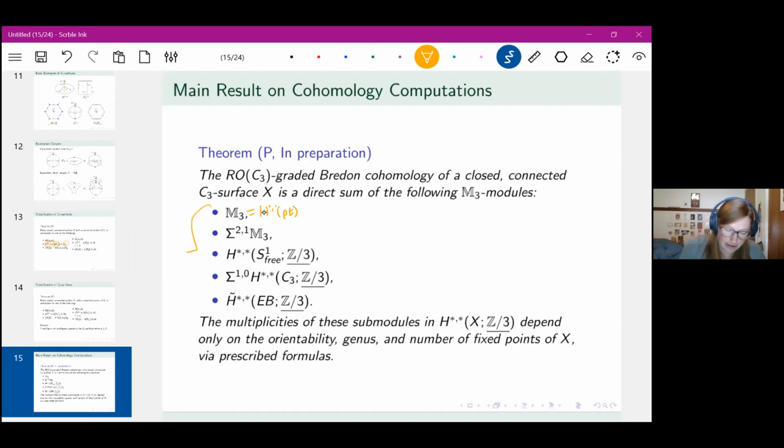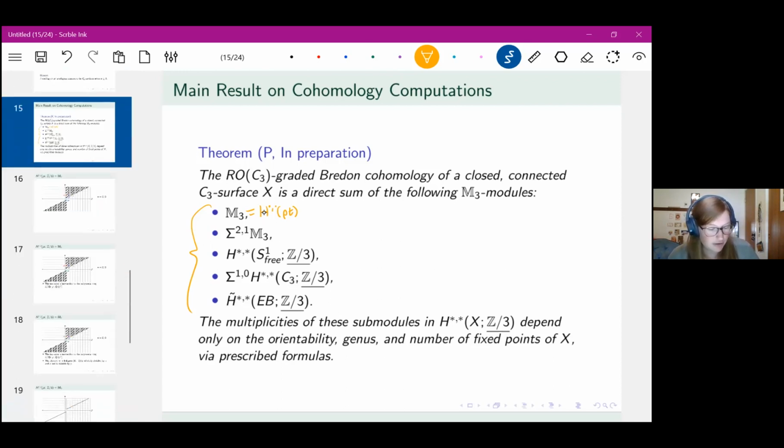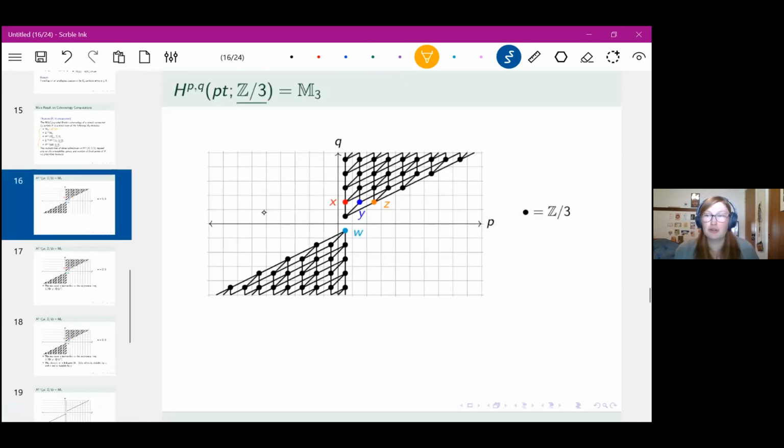It turns out that there are only 5 M3 modules which show up in the cohomology of these surfaces, and the multiplicities of these modules as they show up is completely determined by, again, these same properties of whether or not the surface is orientable, the genus of the surface, and the number of fixed points of the surface. So I just want to give you a picture of what some of these M3 modules will look like, so we have a better idea of what these cohomologies look like.